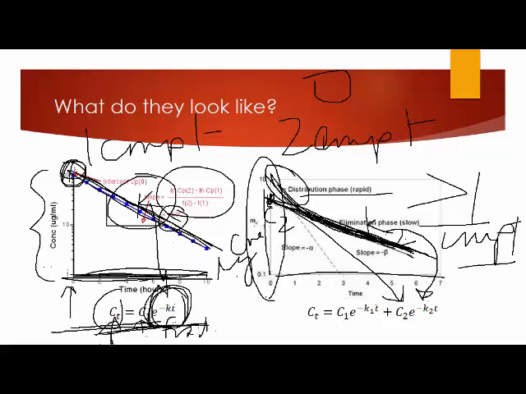Okay, and then what we do is we subtract out what's remaining and we plot that, which is what this is here. And so here we have a different slope. It's a faster slope, isn't it? So this slope belongs here in K1, and the y-intercept, which you can't see at all because I've scribbled so much, belongs to C1.